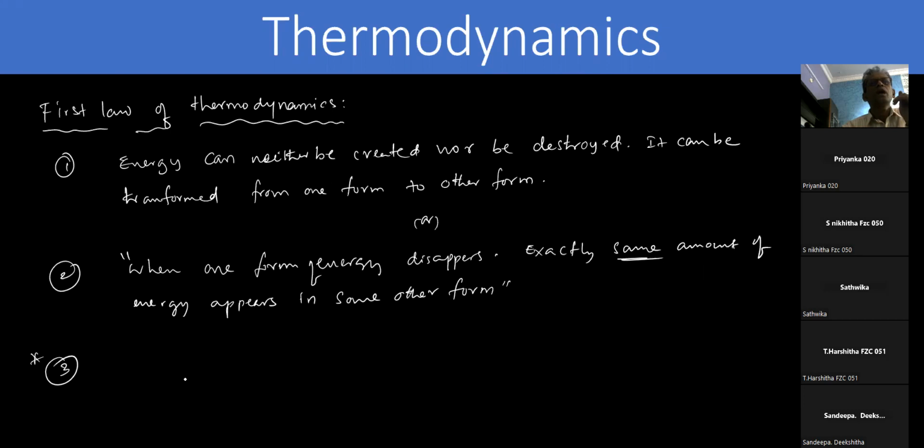But I am stating here, when the system absorbs heat energy, some of the heat is used to increase the internal energy of the system, and the remaining energy is converted into work, work which is done by the system.